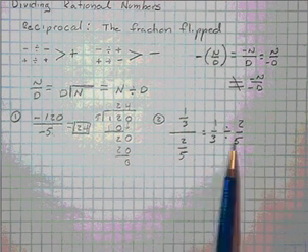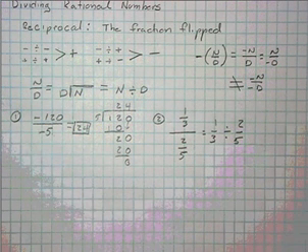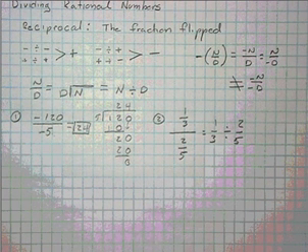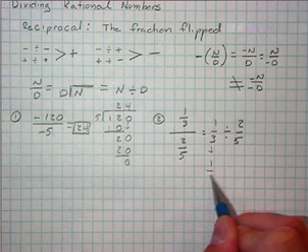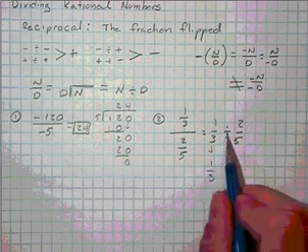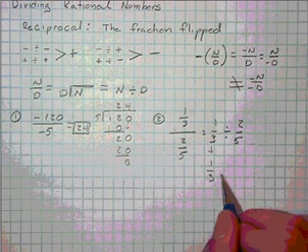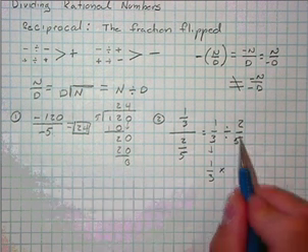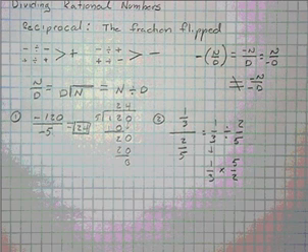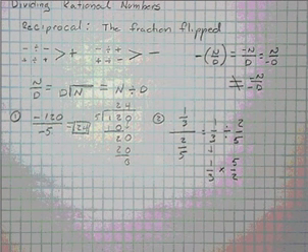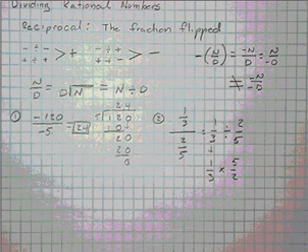In order to divide fractions, you multiply by the reciprocal. So our first fraction stays the same. Instead of dividing by the fraction, we're going to multiply by the reciprocal, which is 5/2. It's kind of just like same change, change.